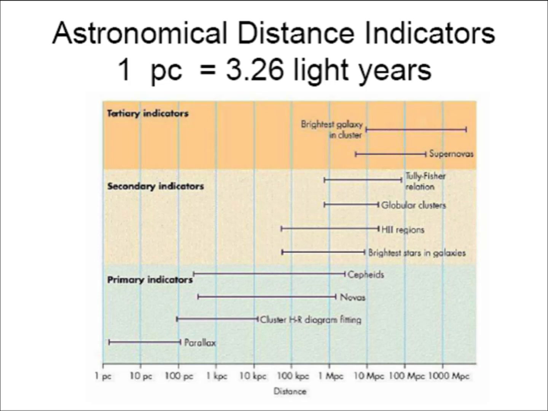And then there's another method involving supernovas, and you can see it overlaps a little bit with the cluster HR diagram, and then there's the method of Cepheids or variable stars, and you can see it also overlaps.